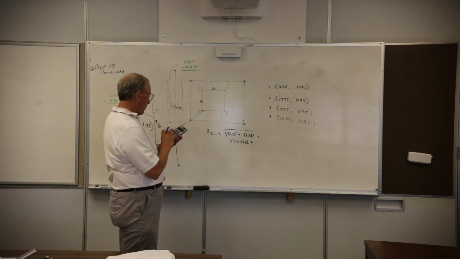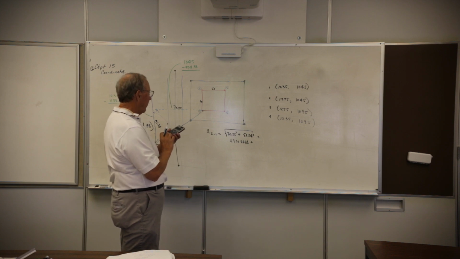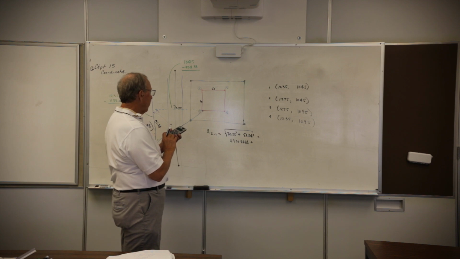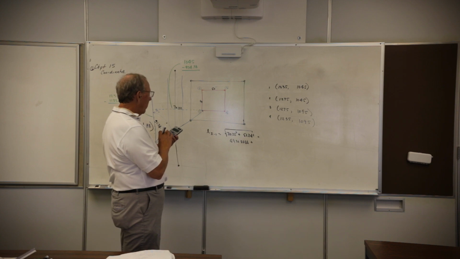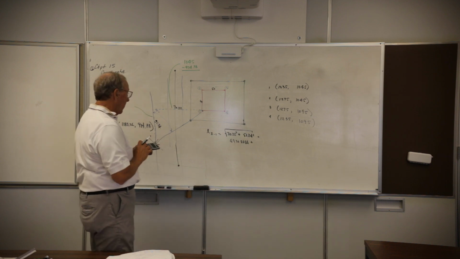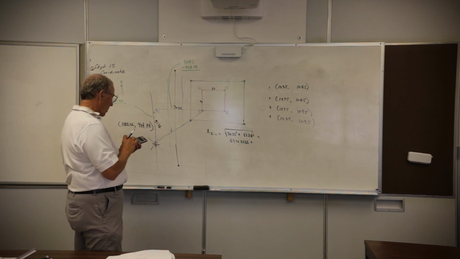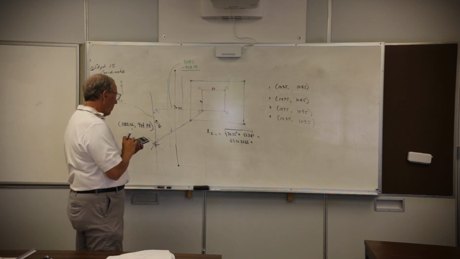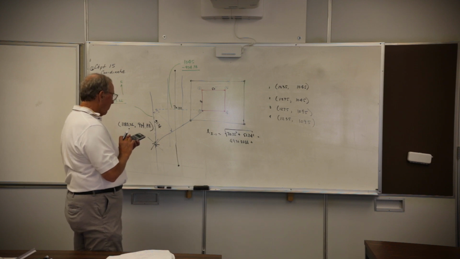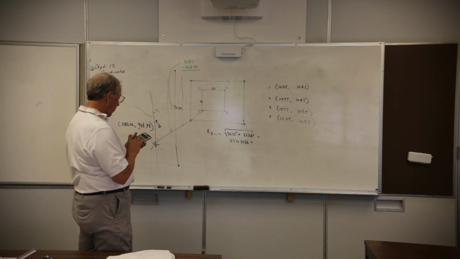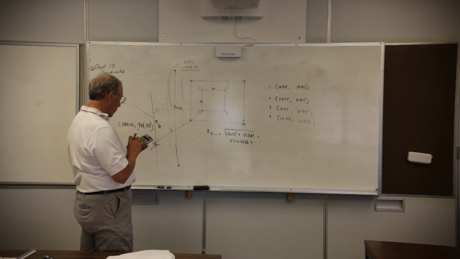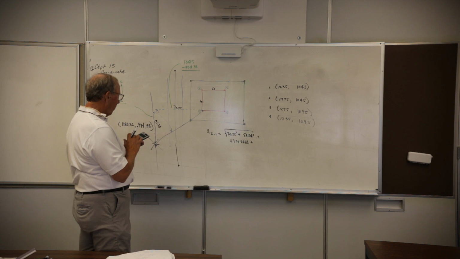51.74. 70.22 squared is 4930.8484, and then I'm going to take the square root of that. I screwed it up. 51.74 plus 49.30. I'm going to take the square root.